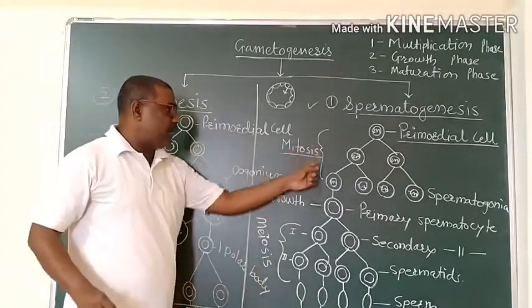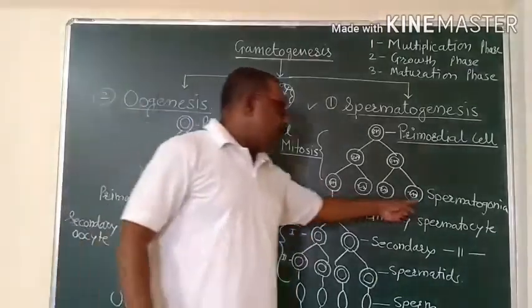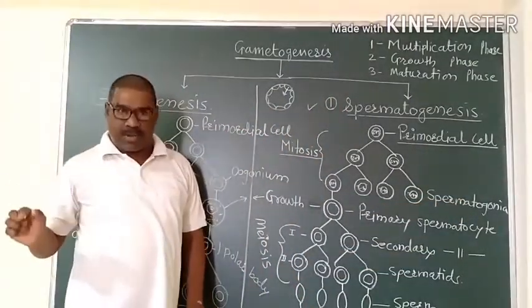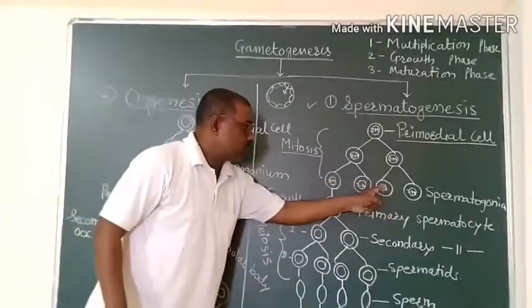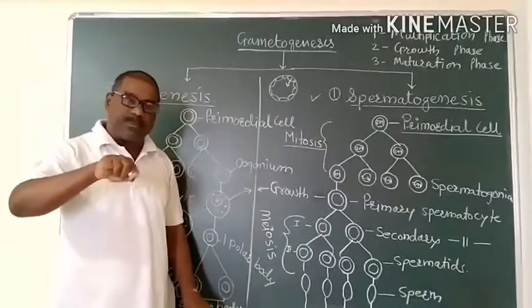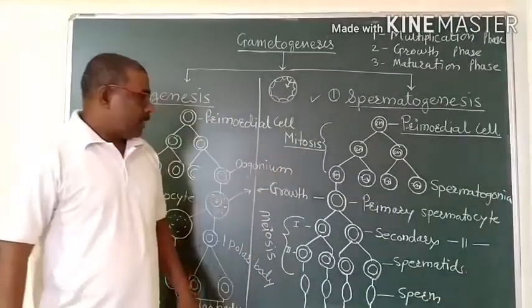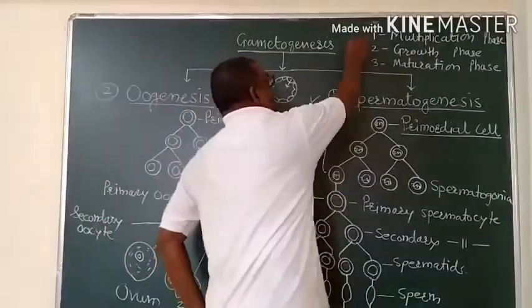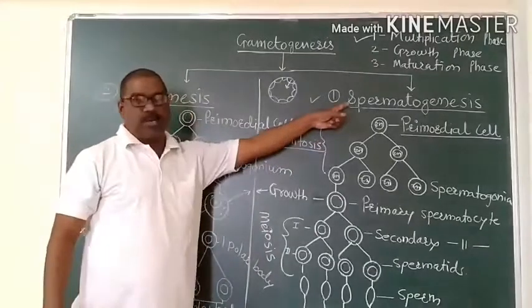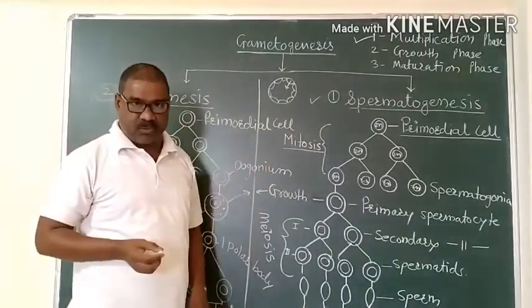Means mitosis process takes place, and lastly 4 spermatogonia are developed like this. 1, 2, 3, 4. These are the spermatogonia. They develop due to the mitosis process, and this is called the first multiplication phase of spermatogenesis.